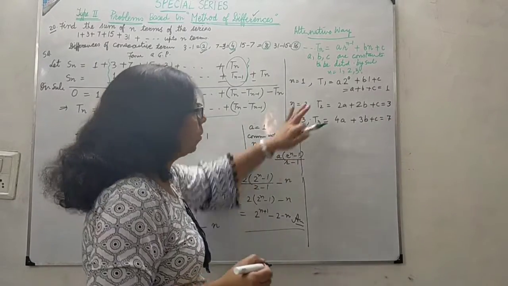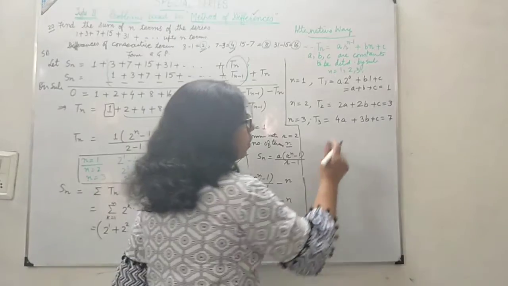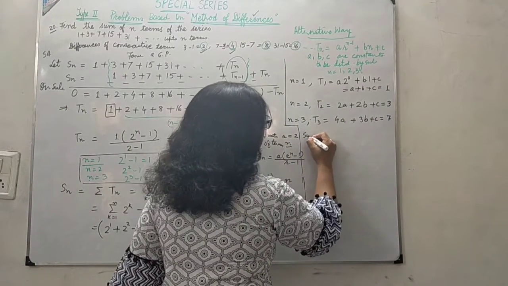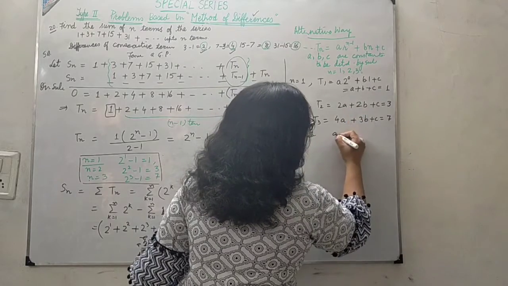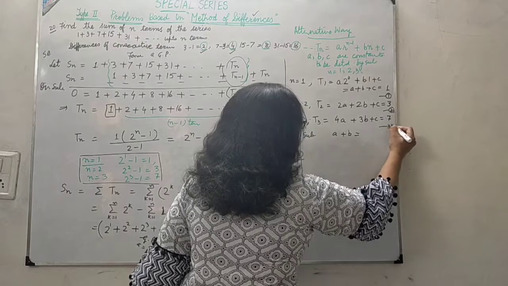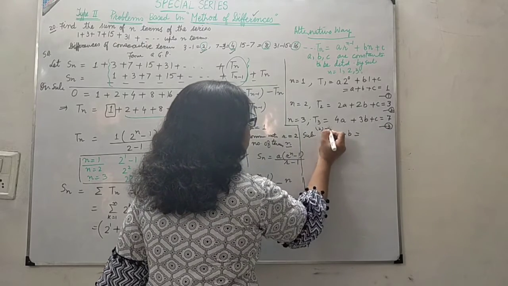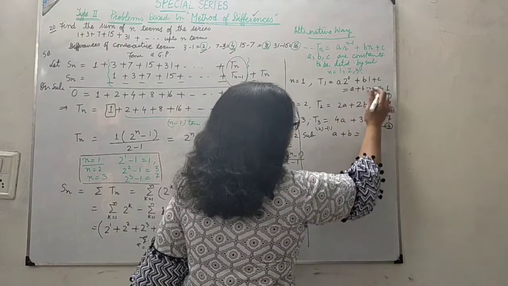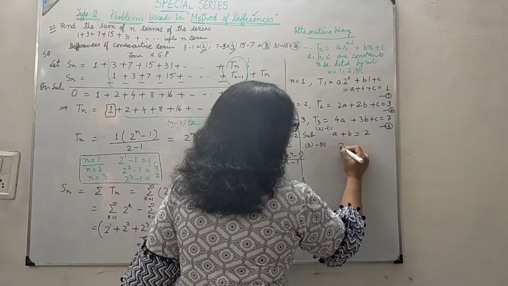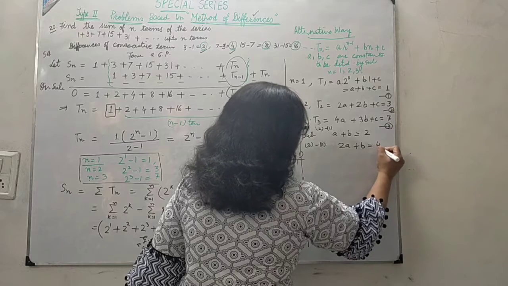We need to take only 3 equations because there are 3 unknowns to be determined. Now by subtracting, from these 3 equations, 2 minus 1 gives A plus B as 2, and 3 minus 2 gives 2A plus B as 4.